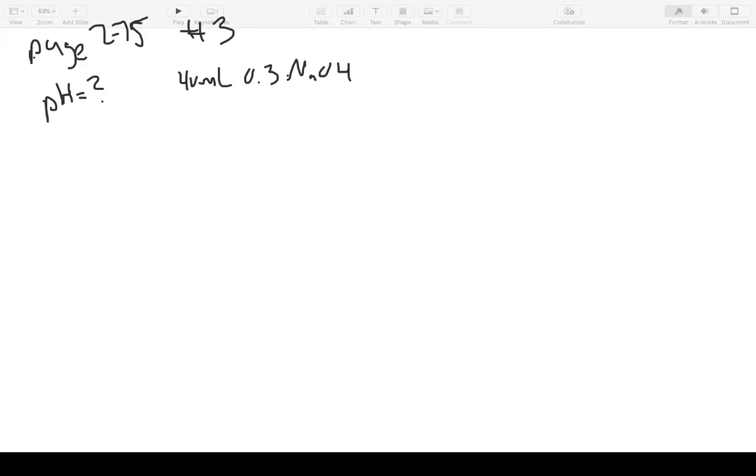And we have 40 mLs of 0.2 formic acid. I'm just going to draw like this. I think it's faster. And that's supposed to be an O.